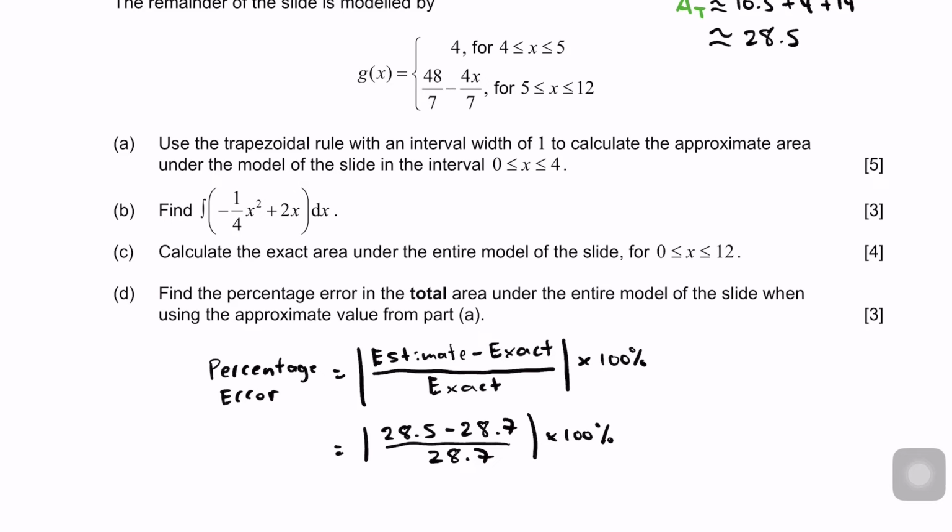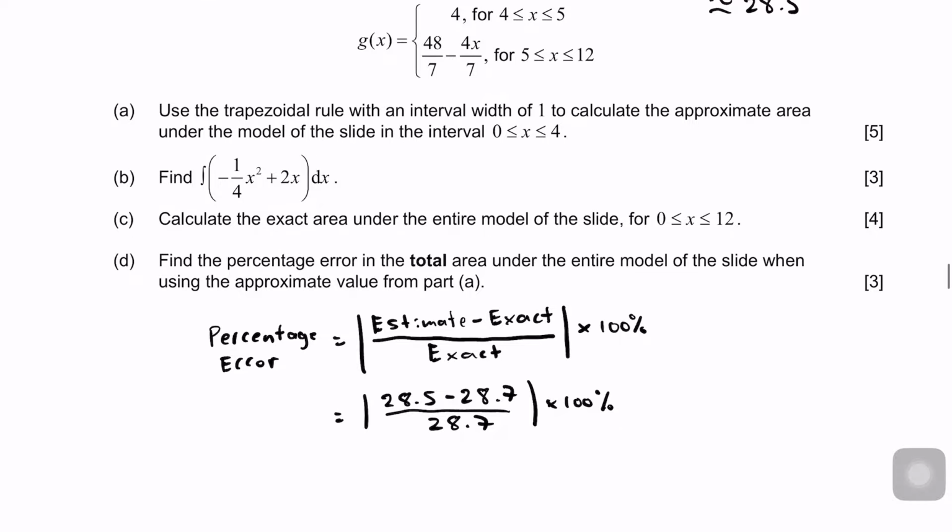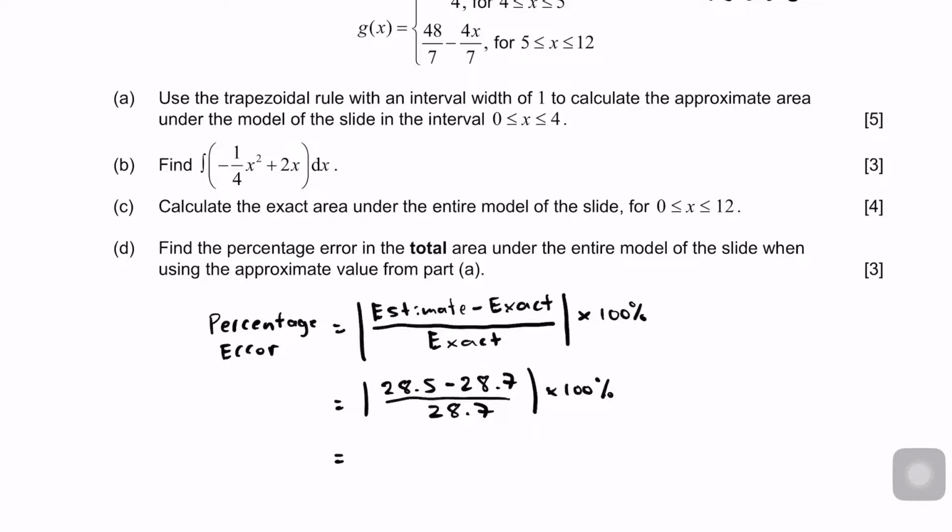All right, I'm going to work this out on the calculator I have beside me. 28.5 minus 28.7 divided by 28.7 and then multiplied by 100. Okay, and this gives us a value of 0.696864, and so on.